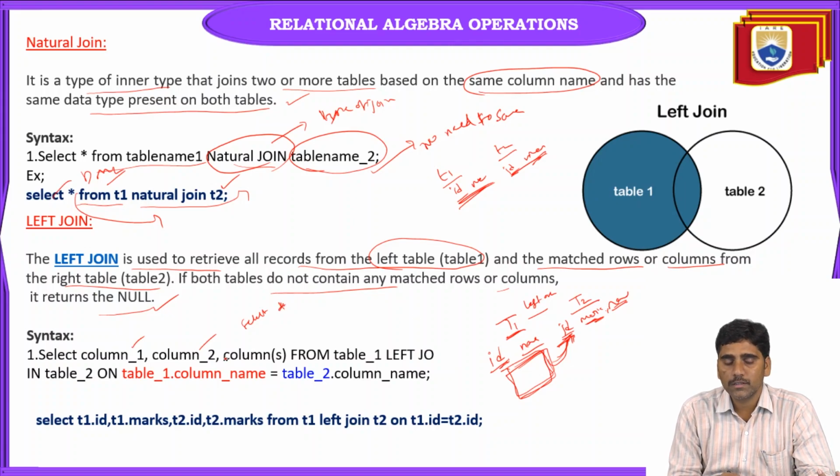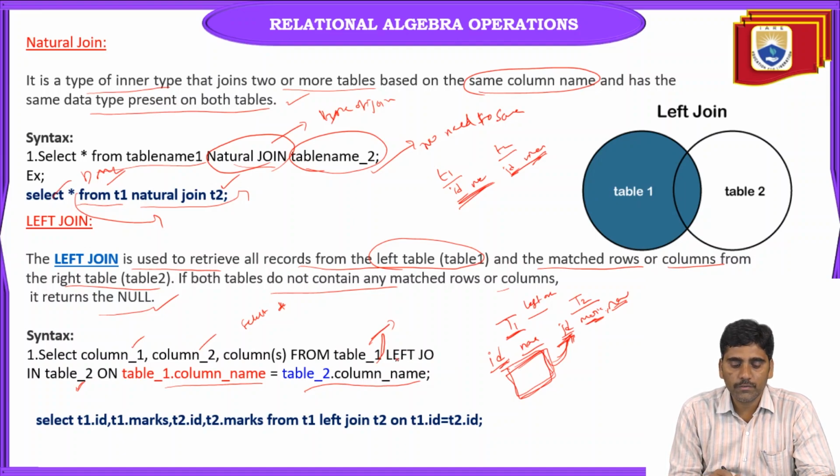So select column 1, column 2 from table 1 left join table 2 on table 1 dot column name equals table 2 dot column name. That is the condition, and based on that condition we are going to retrieve all the values.